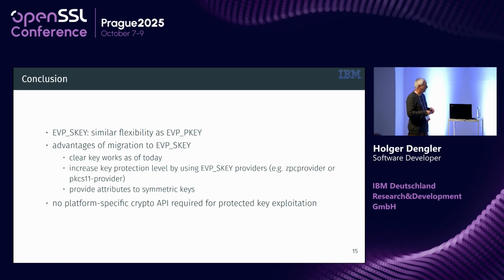This is very visible with the PKCS11 provider, because now you can just move your key material to the HSM, set up the PKCS11 provider and use the file format which contains the URI, and the application can use it out of the box.